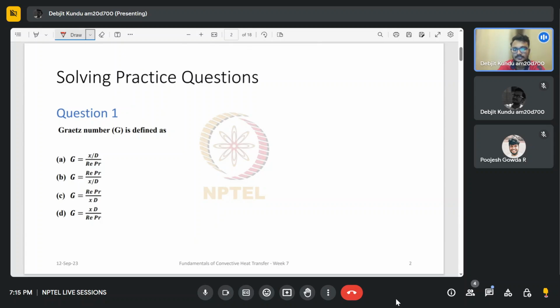And option D says it is x into d divided by Reynolds number into Prandtl number. Reynolds number and Prandtl number are things that we already know. x is the axial distance from the entrance of the duct, and d is the characteristic length of the duct, so it could be the diameter for a circular duct or the hydraulic diameter for any other case.